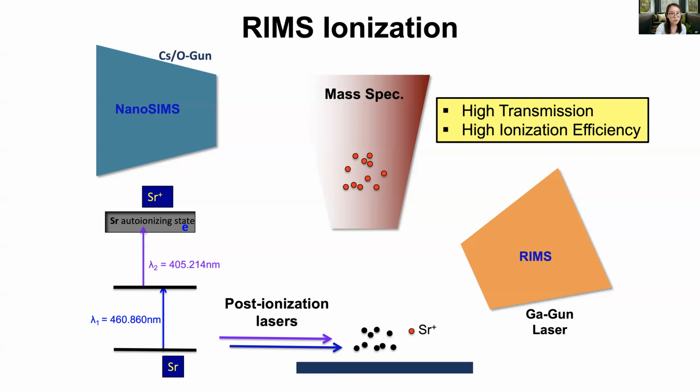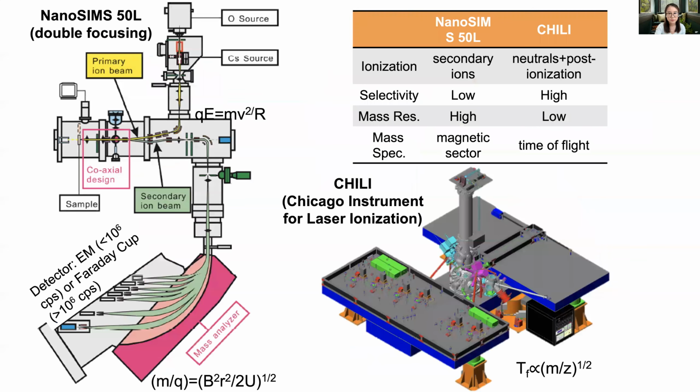And here it shows you this post-ionization process: we use post-ionization lasers to resonantly ionize strontium isotopes in this cloud, and then the ionized secondary ions fly in the mass spectrometer and get detected.